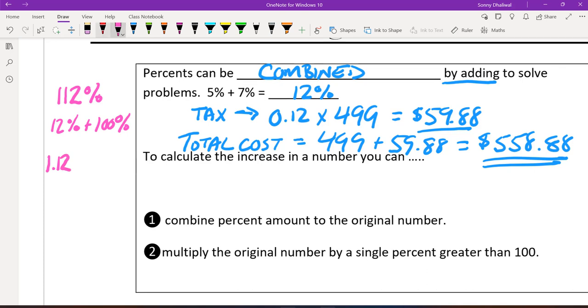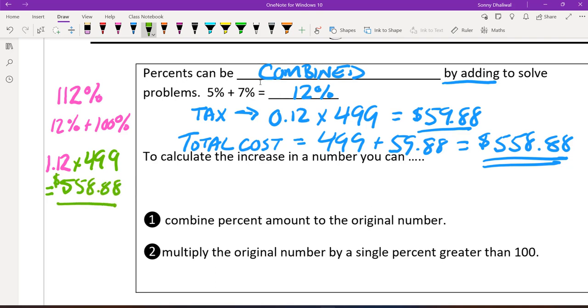Then we multiply by our original amount. Maybe I'll switch to green here. 499. What number do we get? Adam? $558.88.